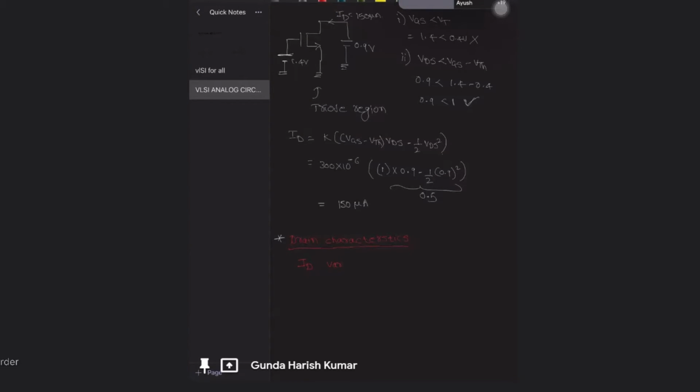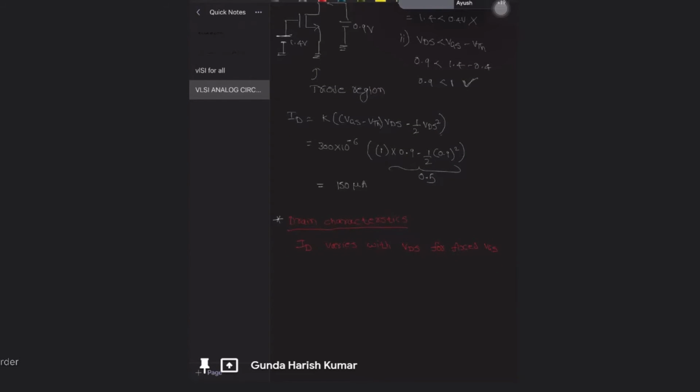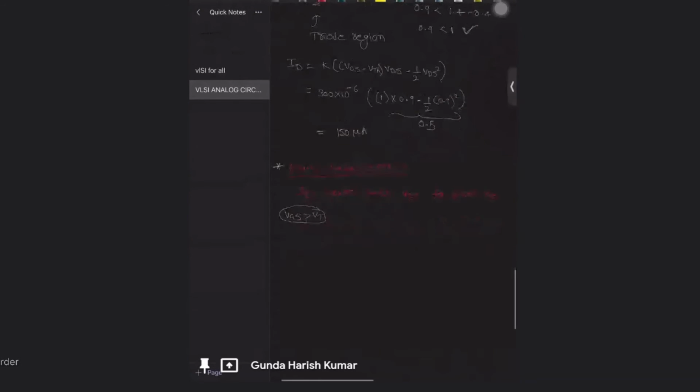Now we will see how the drain current varies with VDS for fixed VGS. Now we will see how variation of ID with respect to VDS if my VGS is fixed. Suppose I will assume that my VGS is greater than VT.